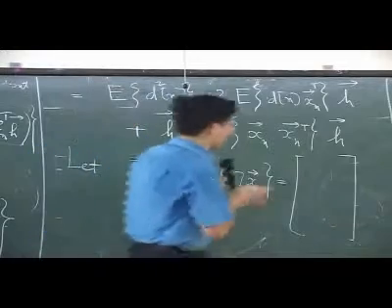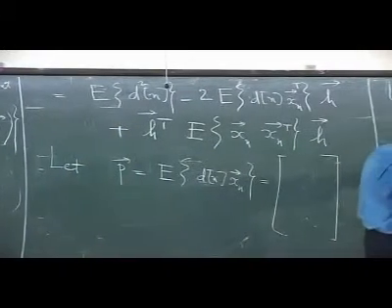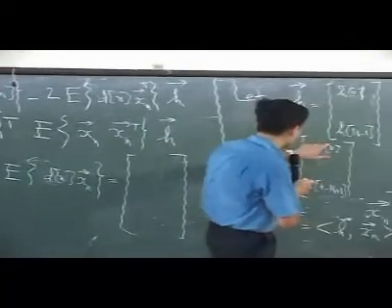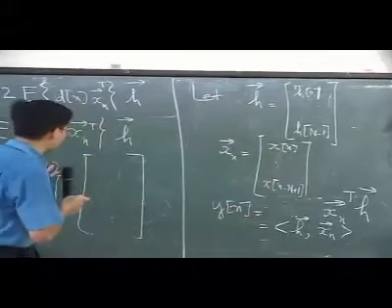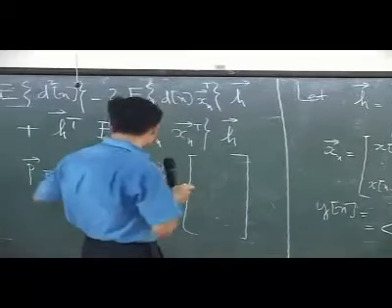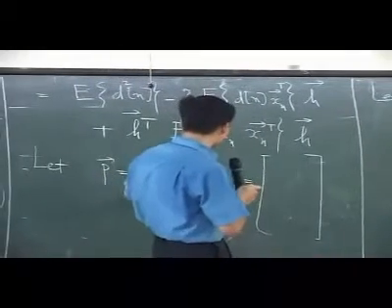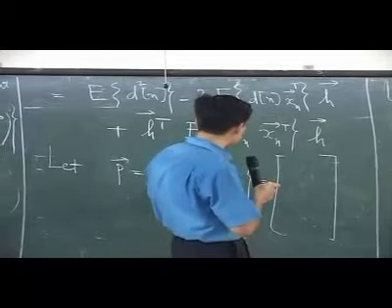The x(n) vector is x(n), x(n) minus 1 and so on. When I multiply this with this, I get another vector, and I take the expectation. That gives me the expectation of d(n) and x(n).